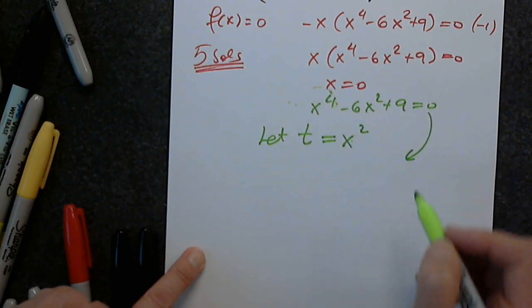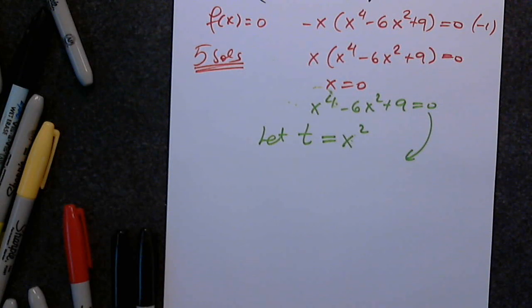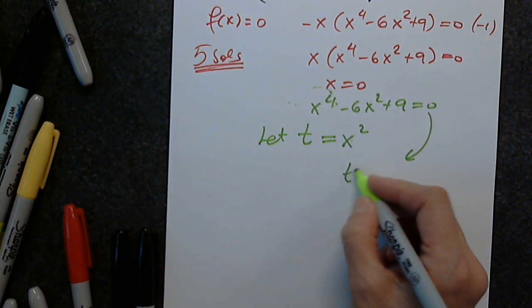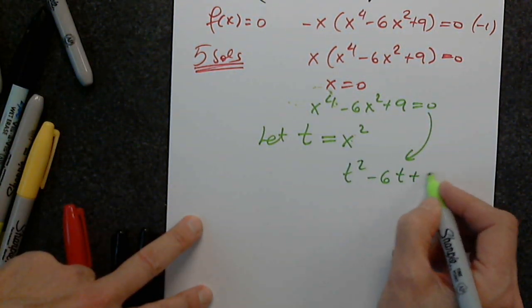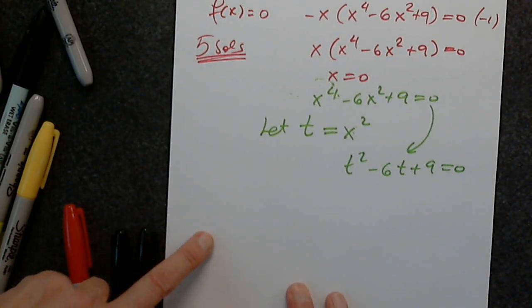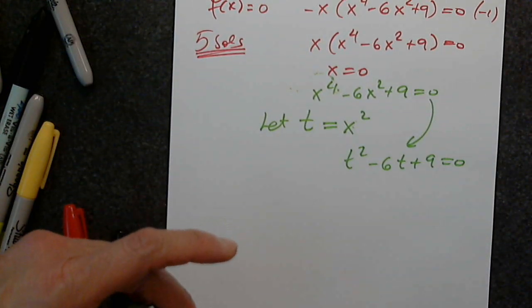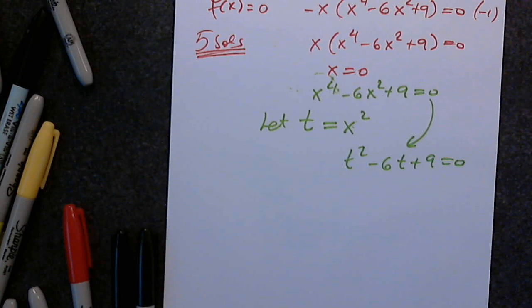And now the equation becomes t squared minus 6t plus 9 equals 0. Now I have to remember what this is. That's why we did this, if you remember, on the first day of classes. So t squared minus 6t plus 9.